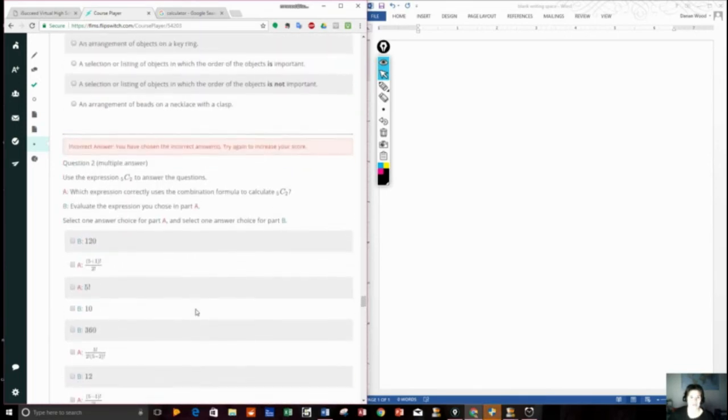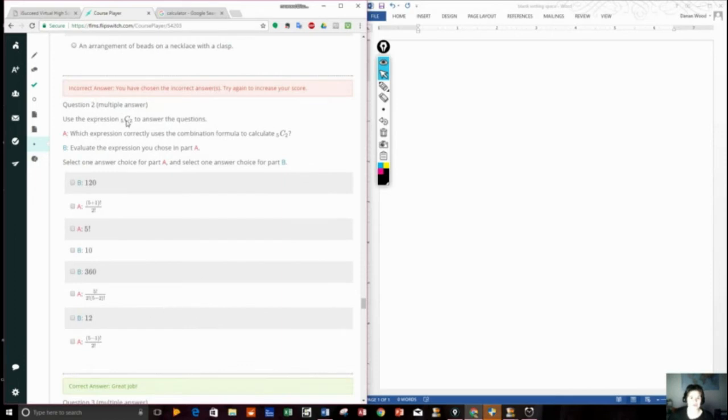Okay, great job. Question 2. Use the expression 5 choose 2 to answer the questions. Which expression correctly uses the combination formula to calculate 5 choose 2? And evaluate the expression you chose in part A. Alright, so if you notice, this is 5 choose 2.